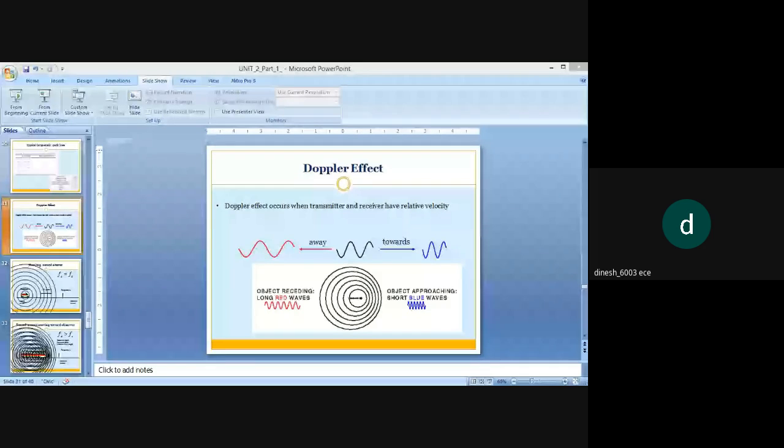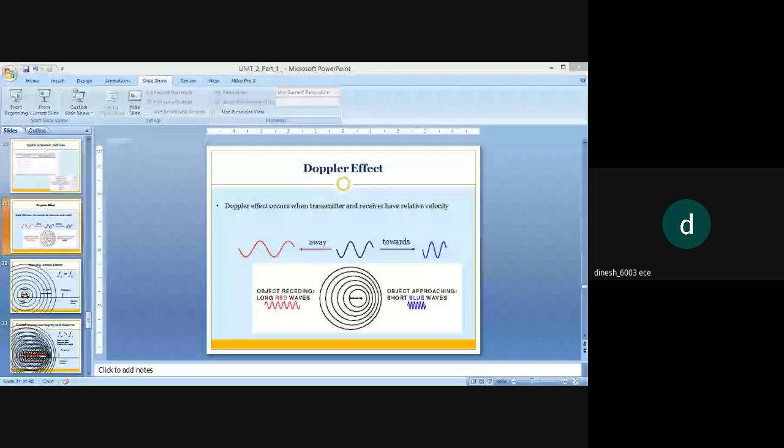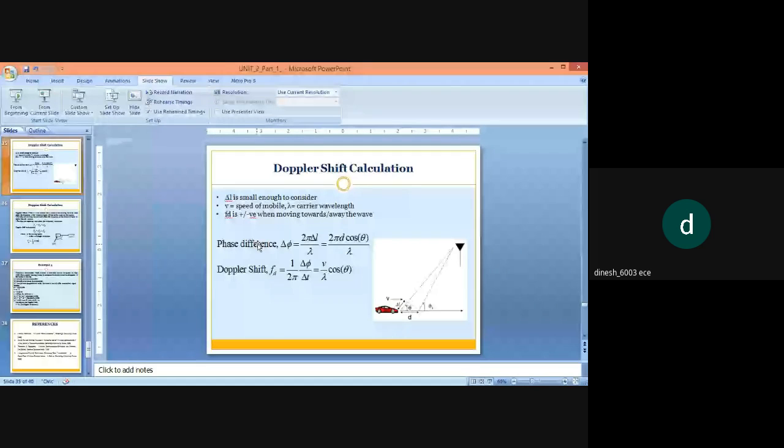The sound source has frequency Fs, and the observer will have a frequency F0 less than Fs. So the observer hears a decreased pitch, or longer wavelength. With this, you are able to calculate the Doppler shift. So this is called the Doppler effect.